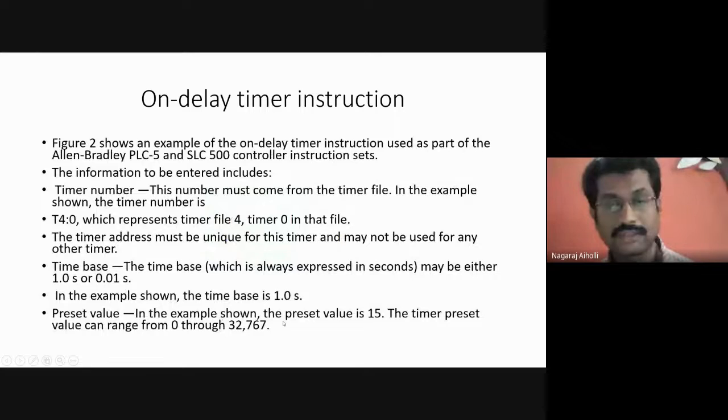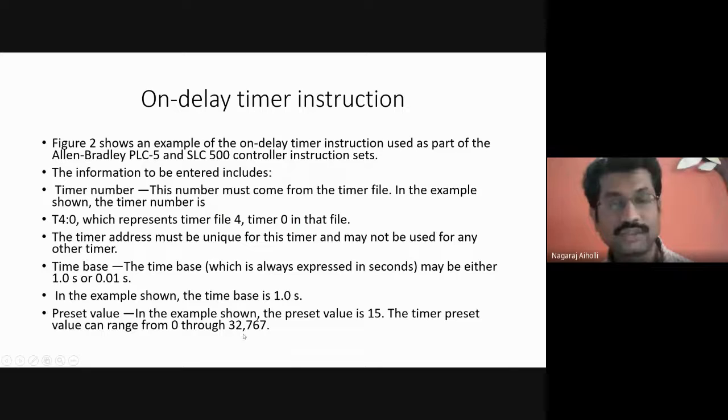Preset value. In the example shown, the preset value is 15, and we know that the preset value can range from 0 to 32,767. That means, what is the maximum value that you can store in the timer? The timer preset value can range from 0 through 32,767.